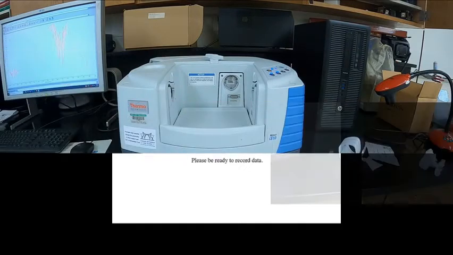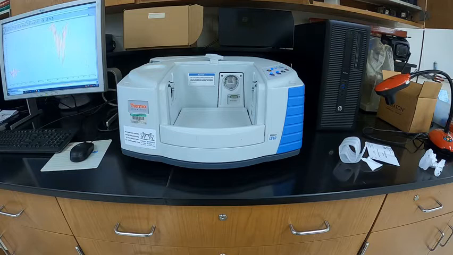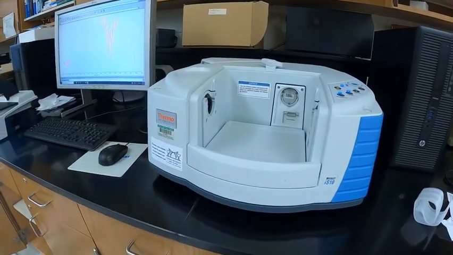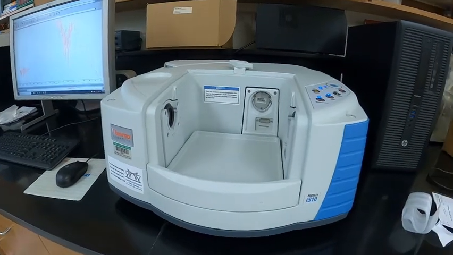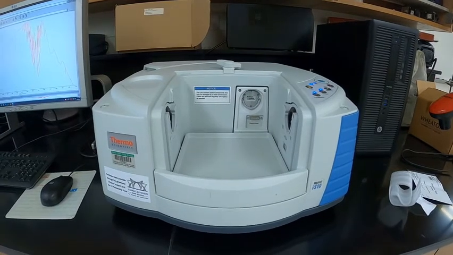Next in the experiment would be to acquire an FTIR spectrum of our sample. What we have here is our Fourier transform infrared spectrometer, or FTIR for short. And right now I don't have the sample device in there just to show you some of the optics. So on the left and the right are the input and output optics through which the IR radiation passes.